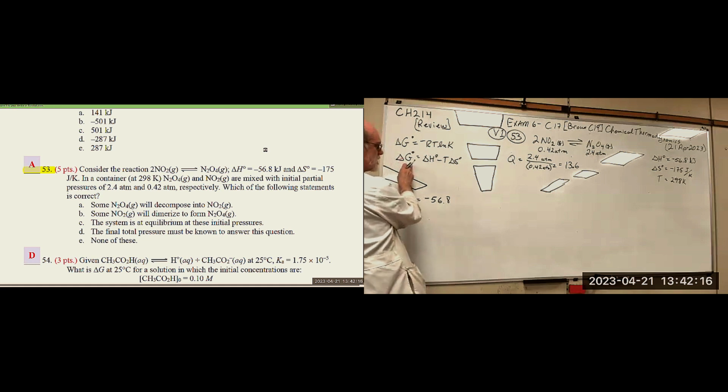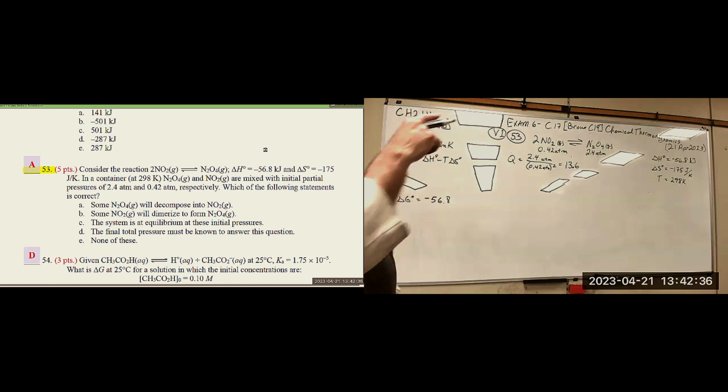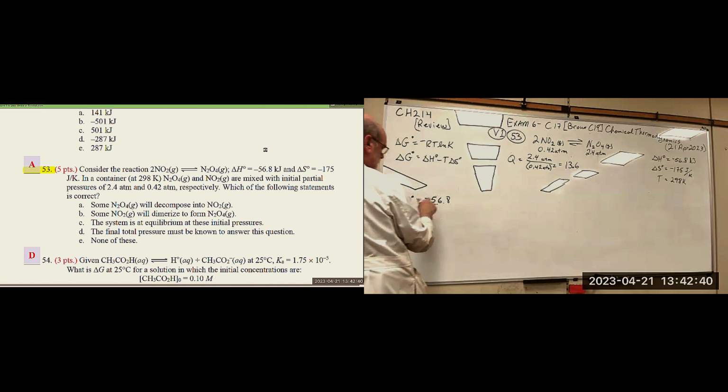Do we want delta G in kilojoules? No, we're gonna convert it to joules.